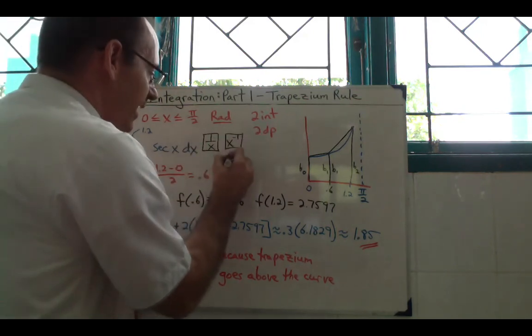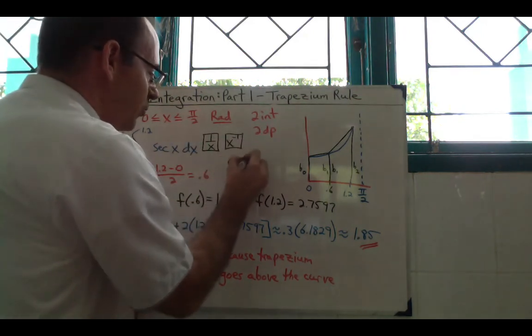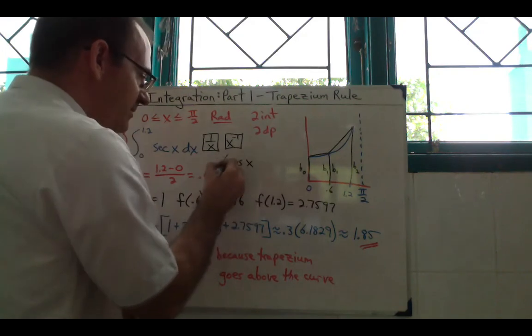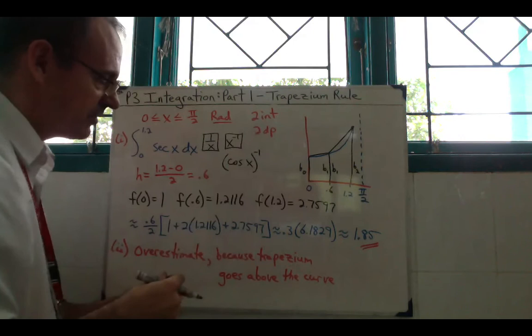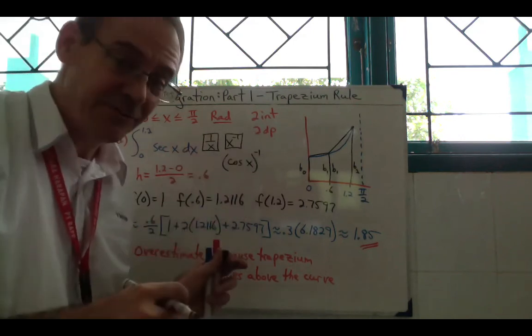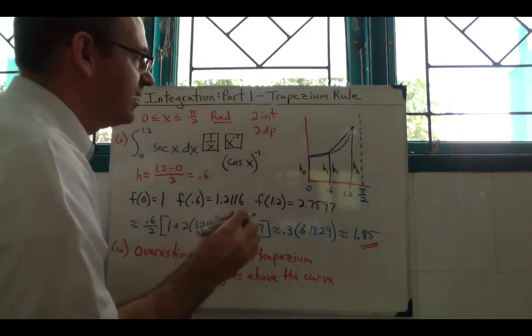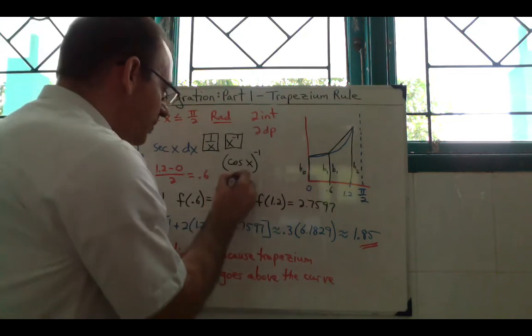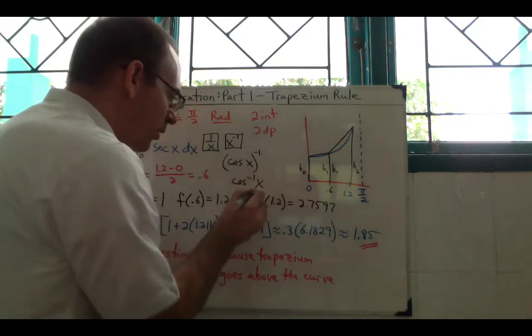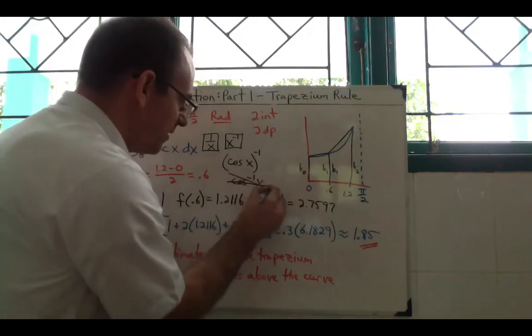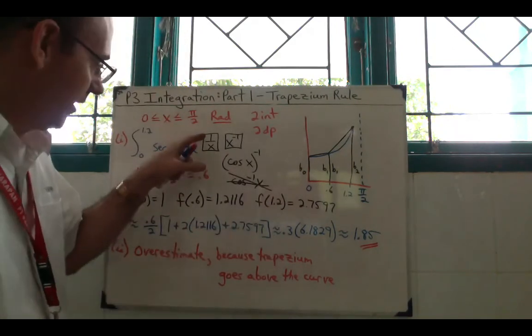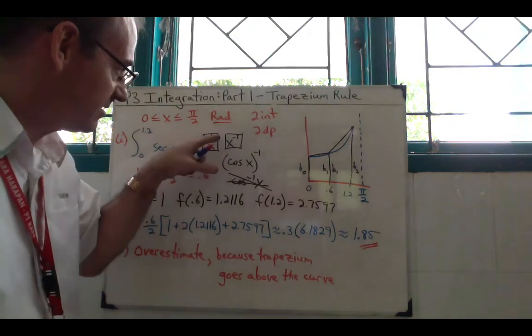So you're going to use that in conjunction with cosine x to the negative 1, which flips it over. This is not the inverse function. Don't put the cosine negative 1 x. That's the inverse function. You want to use the 1 over x for the x to the negative 1.